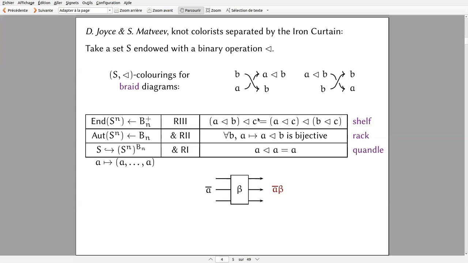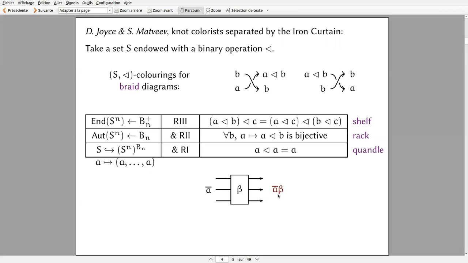So now, what do these colorings give us precisely? If you take a braid on n strands and you choose some n colors on the left, these coloring rules can be used to propagate your colors in a unique way to the right.